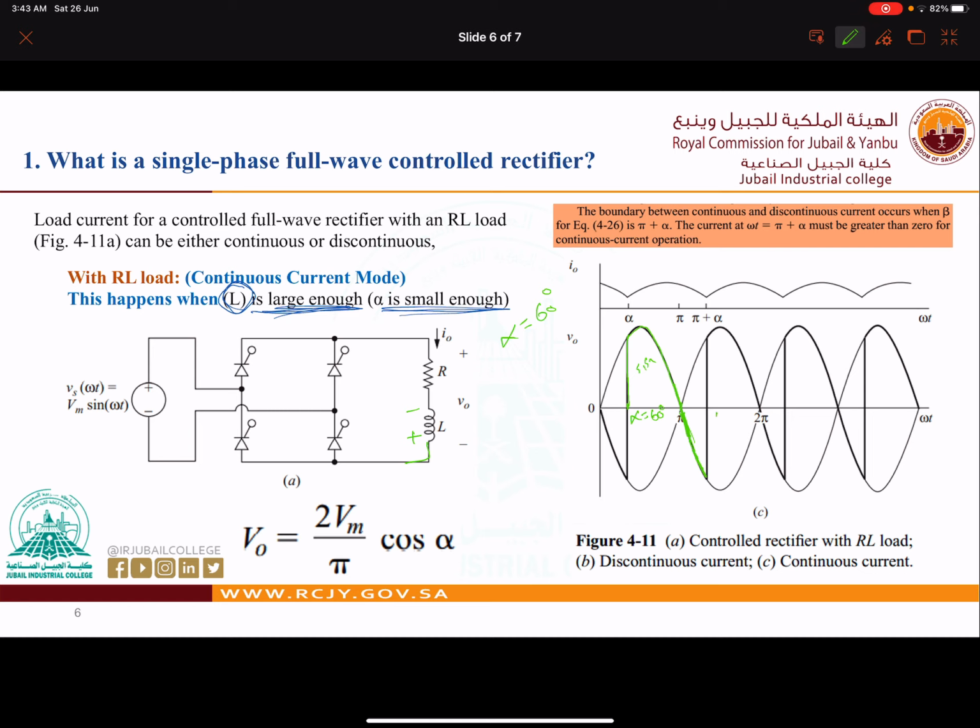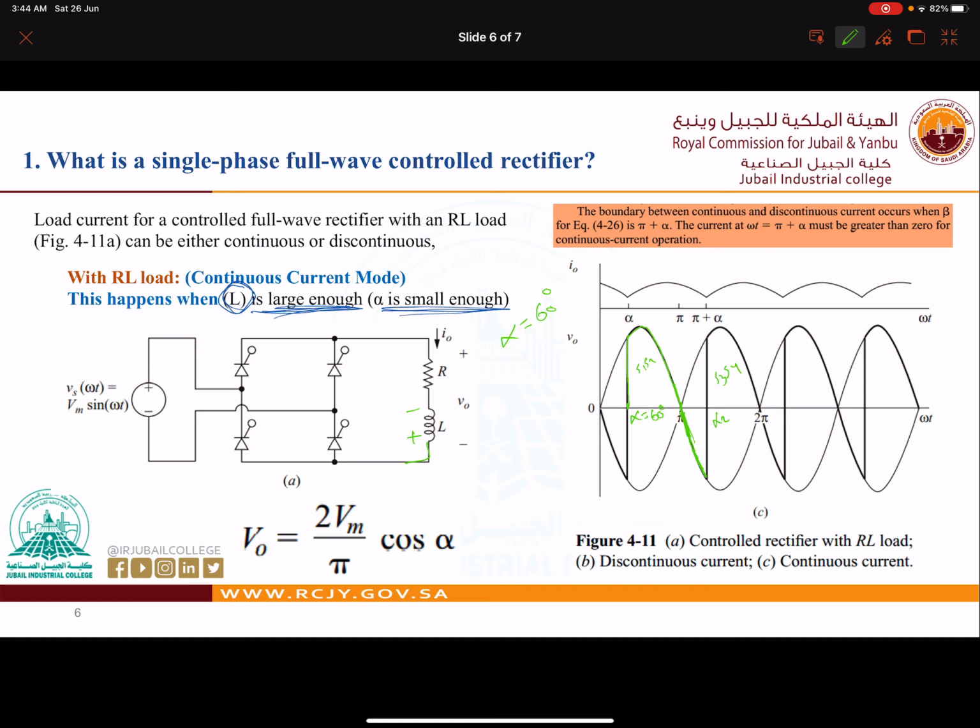This is alpha 2. So it is discharging until it reaches alpha 2. So alpha is small enough in order to begin the second pulse, which is for the S3 and S4.